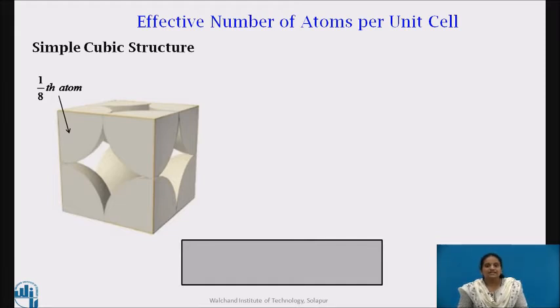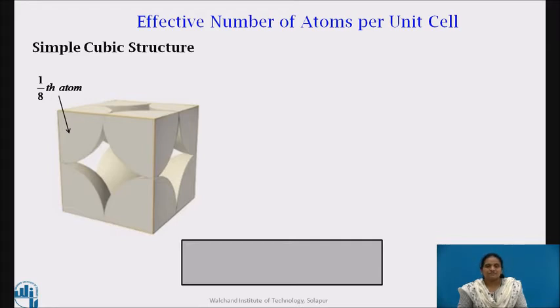A unit cell is a part of an infinite scheme and it is not an isolated entity. Therefore, several adjacent cells share each lattice point. So as a result, the basis attached to a lattice site contributes only a fraction of its mass and volume to one unit cell.